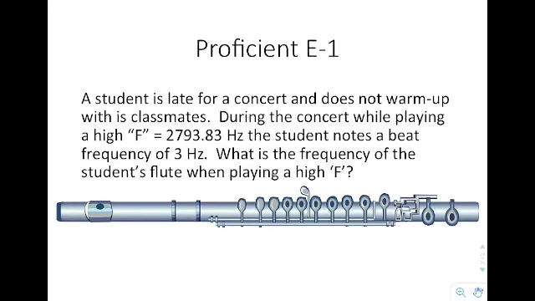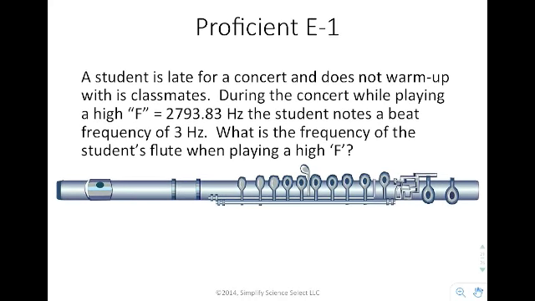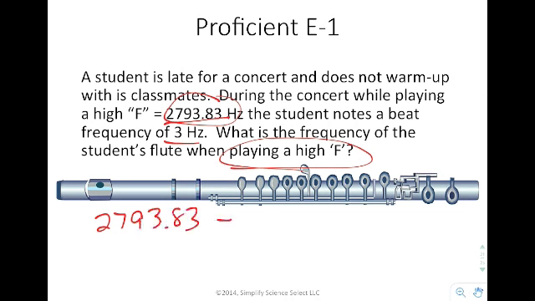So we have an example here. It says a student is late for a concert and does not warm up with his classmates. During the concert, while playing a high F, the student notes a beat frequency of 3 hertz. What is the frequency of the student's flute when playing a high F? Now, there's actually two options here. So if this right here is the first frequency, I can say 2793.83 minus some number has to equal 3.